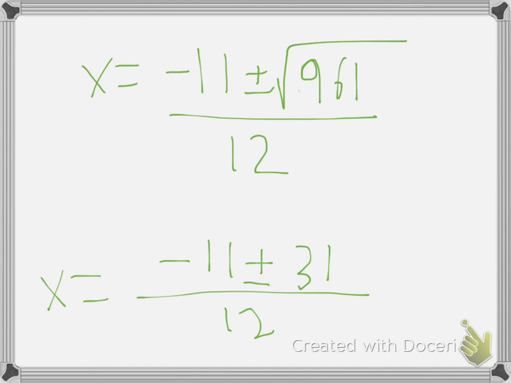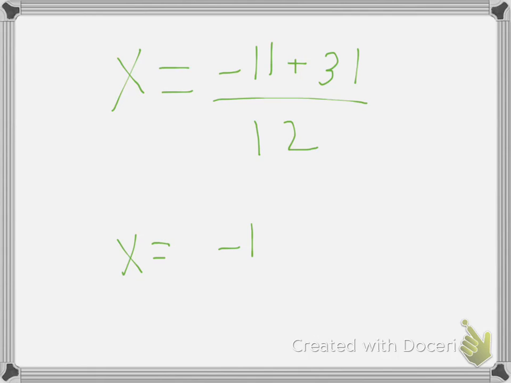Our next step is to find the two solutions. So we have x equals negative 11 plus 31 over 12, and we have negative 11 minus 31 over 12.